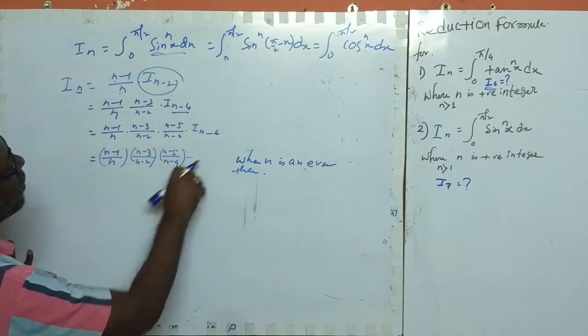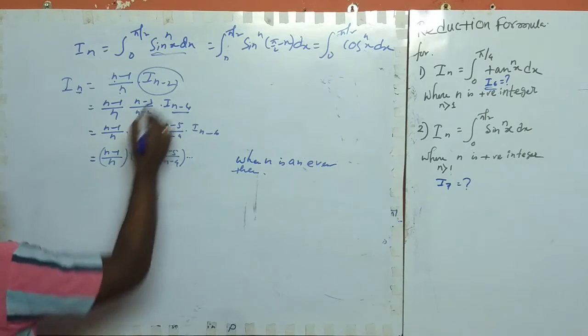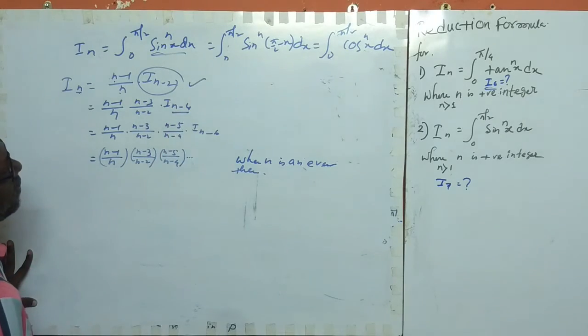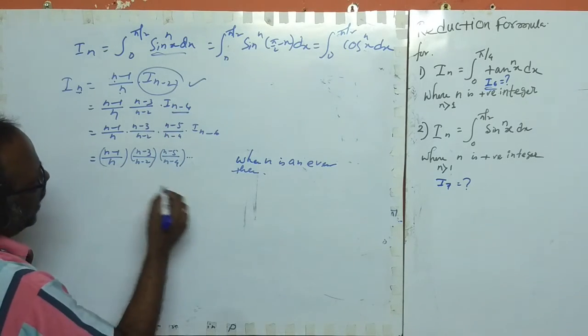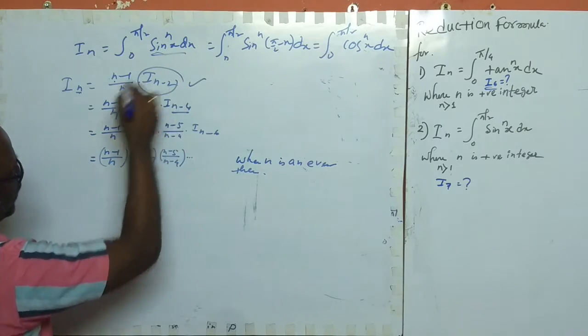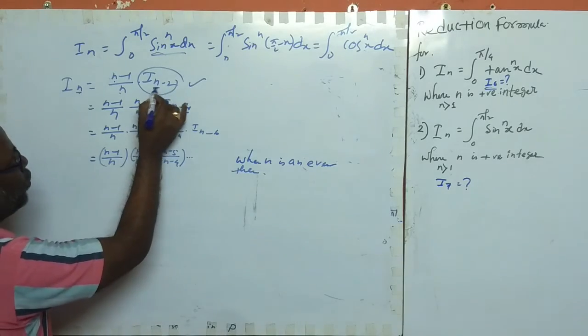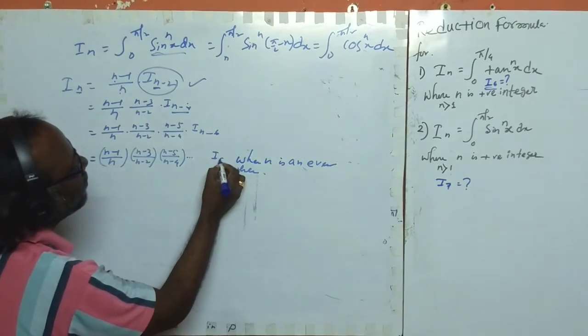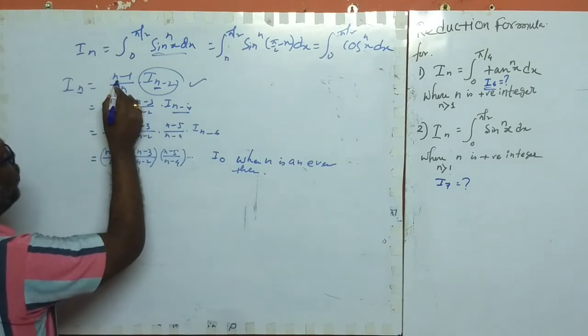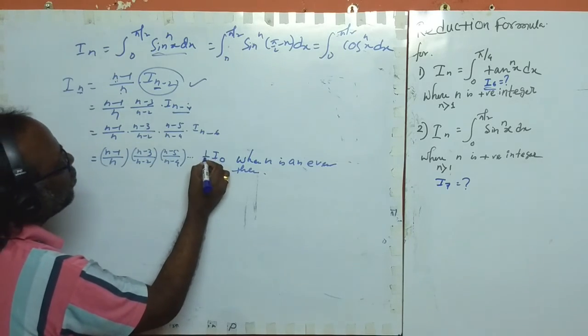For this formation, the last even number for this extension is 2. We put 2 here, then we get I suffix 0. We put 2, then we get 1 by 2 here.